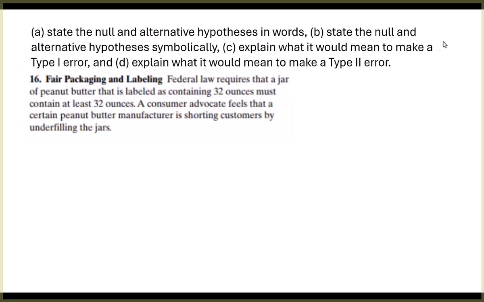Okay, a couple of problems here. On these, we want to know what the null and alternative hypothesis are. And then kind of look at a type 1 and type 2 error a little bit. So for this first one, I didn't realize this. Federal law requires that if you're manufacturing peanut butter and you say there's 32 ounces of peanut butter in my jar, you better have at least 32 ounces.